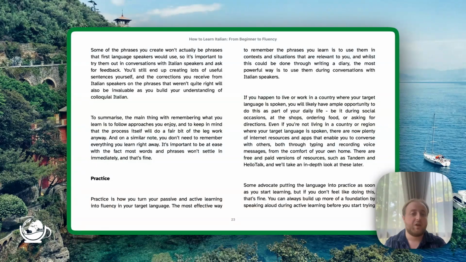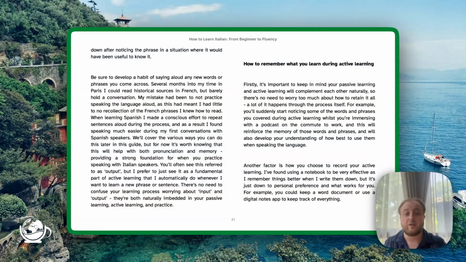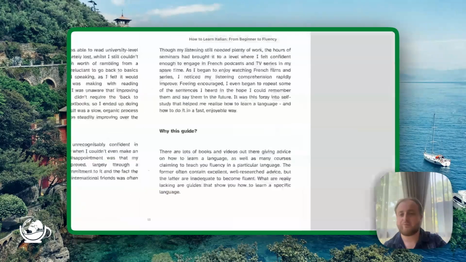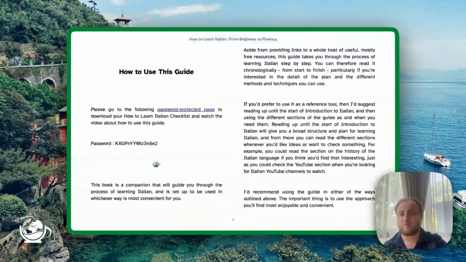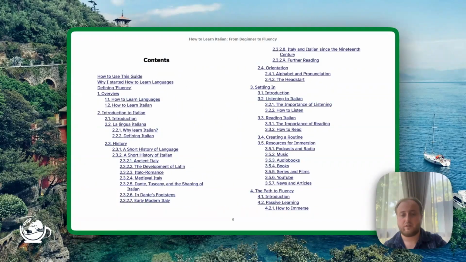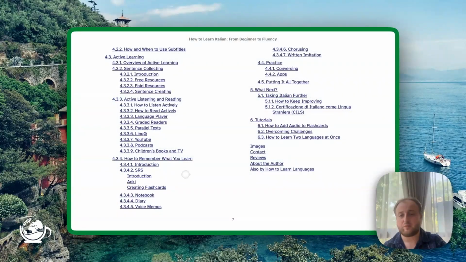Now, even though practice and using it is the most effective way to remember, we do also cover in the guide other ways to remember the stuff you learn during active learning, such as, for example, I'll go back to the table of contents to show you, but you'll see we've got SRS, which are spaced repetition systems.